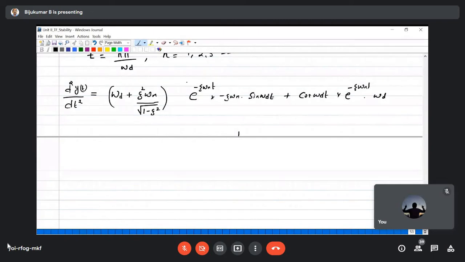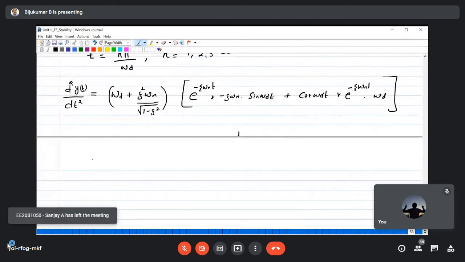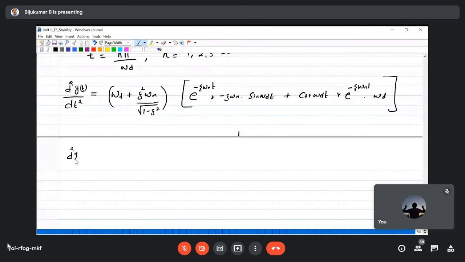This one, right? So finally we will get d square y by dt square. So we will substitute this.